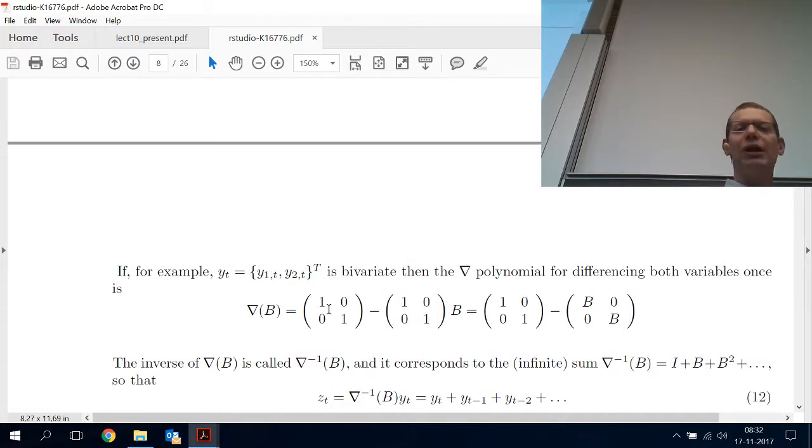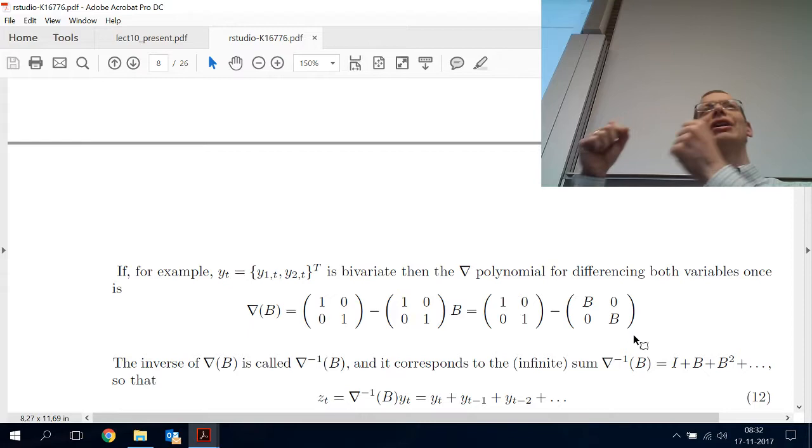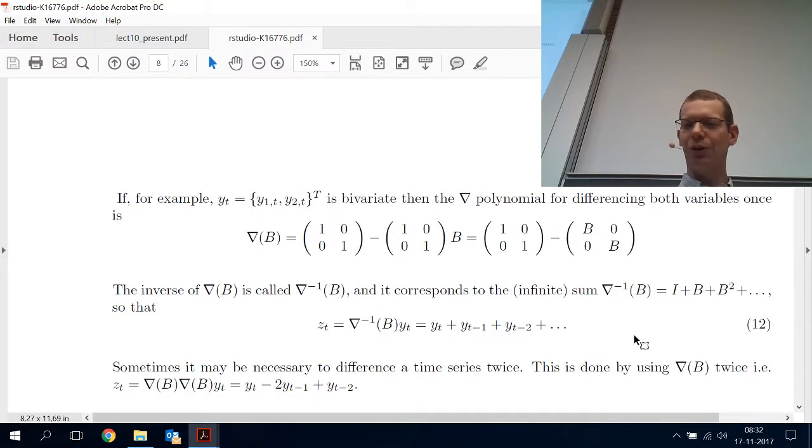Here is what you do in a bivariate system if you just do the same thing to everyone. Essentially you have an identity matrix minus a matrix where you have B in the diagonal. That gives you a difference operator for a bivariate system. That's all fine.